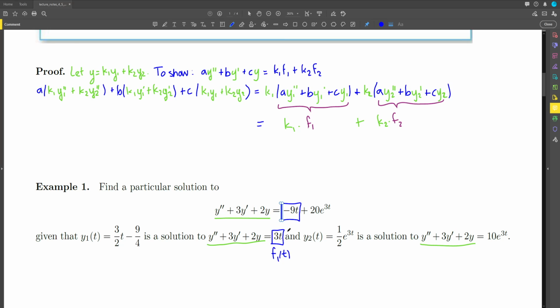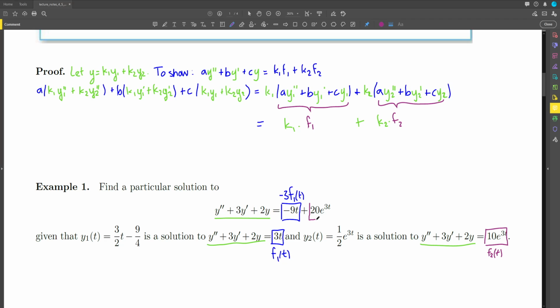And then negative 9t is negative 3 f1 of t, right? Negative 3 times 3t is negative 9t. On the other hand, we have 10 times e to the power 3t, and we can call that f2 of t.